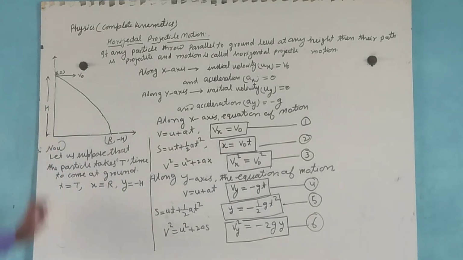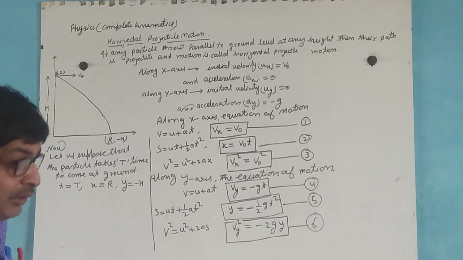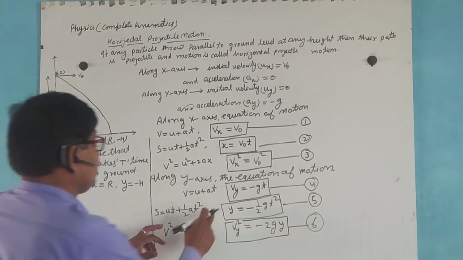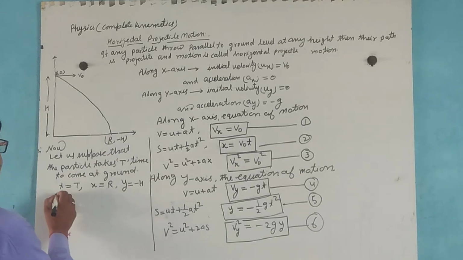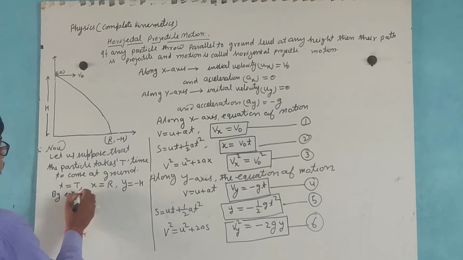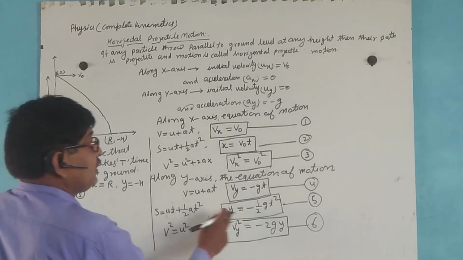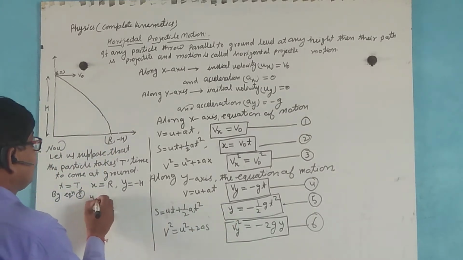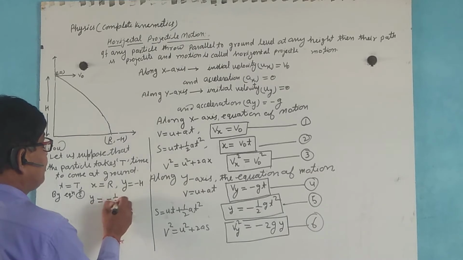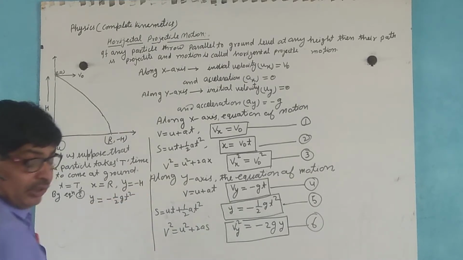Now by the fifth equation, y is equal to minus half gt square.